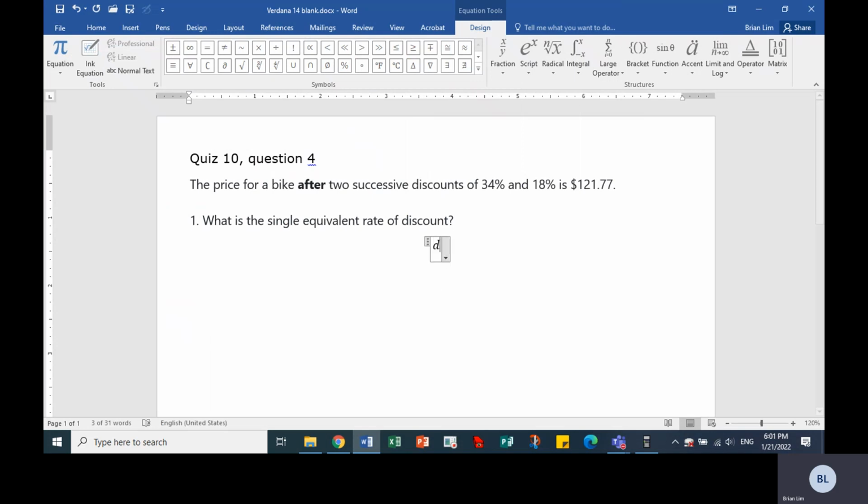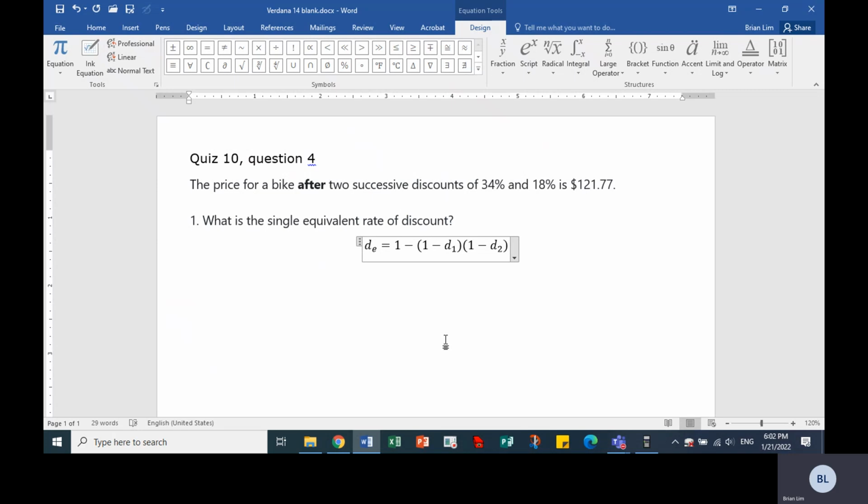So D sub E, the single equivalent rate of discount, is equal to 1 minus (1 minus D1) times (1 minus D2). Okay, so there we are.